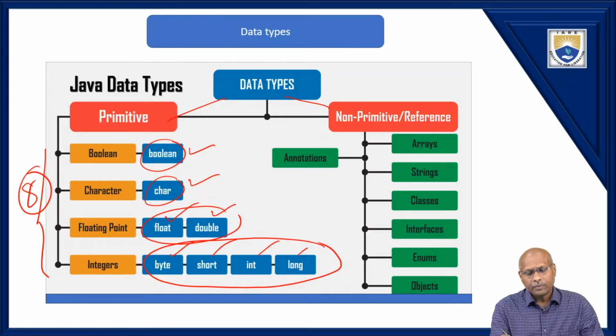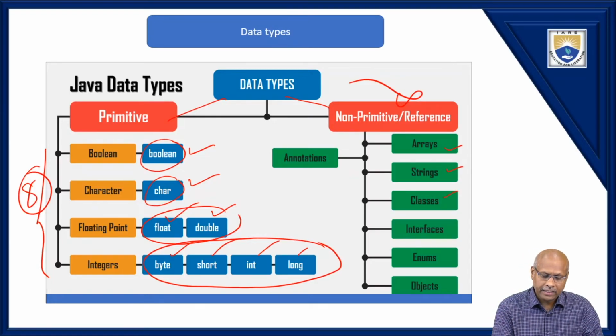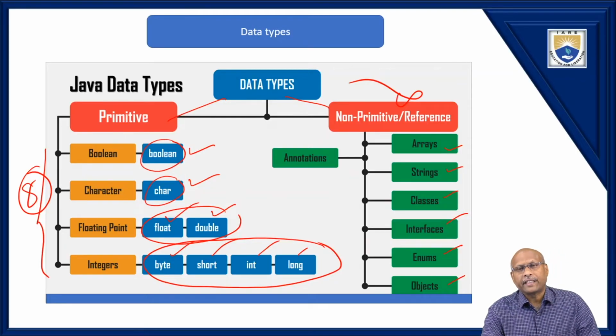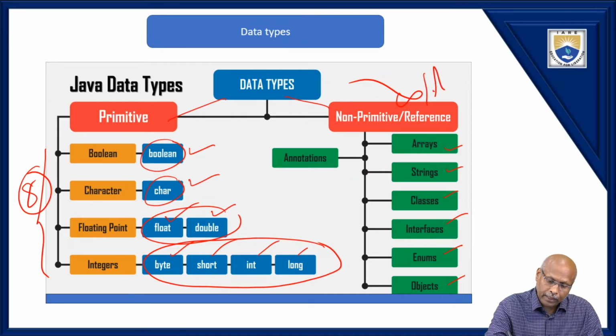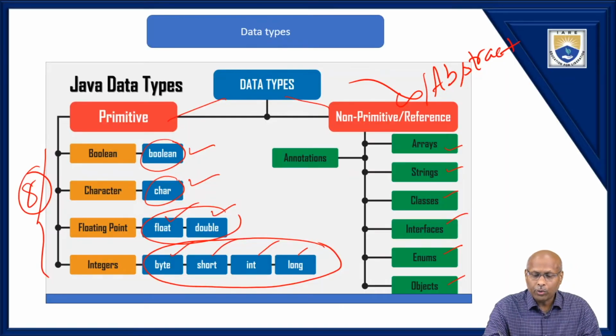Under non-primitive, there is no limit, infinity. You can create your own, any number. Array, strings, classes, interfaces, enumerators, you can create your own objects. They all come under non-primitive data types. This is also called reference data type, or also known as abstract data type, or user-defined data types. Okay.